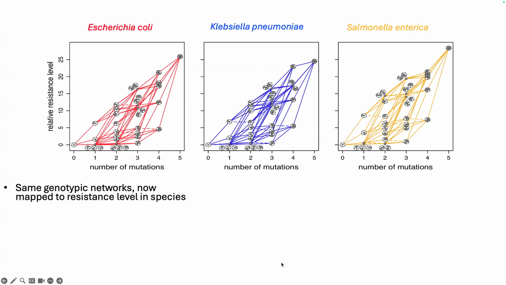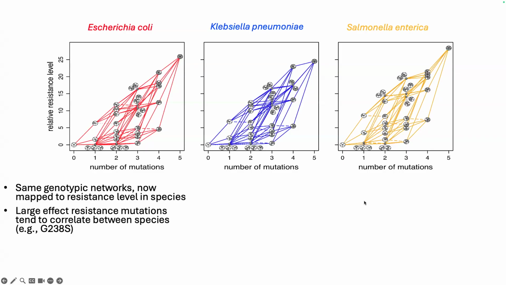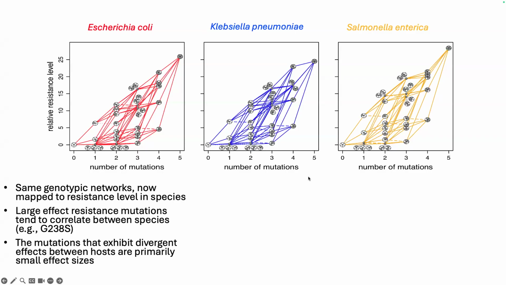the overall resistance level. And to explore this, we ran evolutionary simulations, and we found that with the subset of resistance strategies we evaluated, the effect of mutations on the resistance phenotype were largely conserved across species. This suggests that selection for cefotaxime resistance in this mobile gene will favor similar mutations between host species.